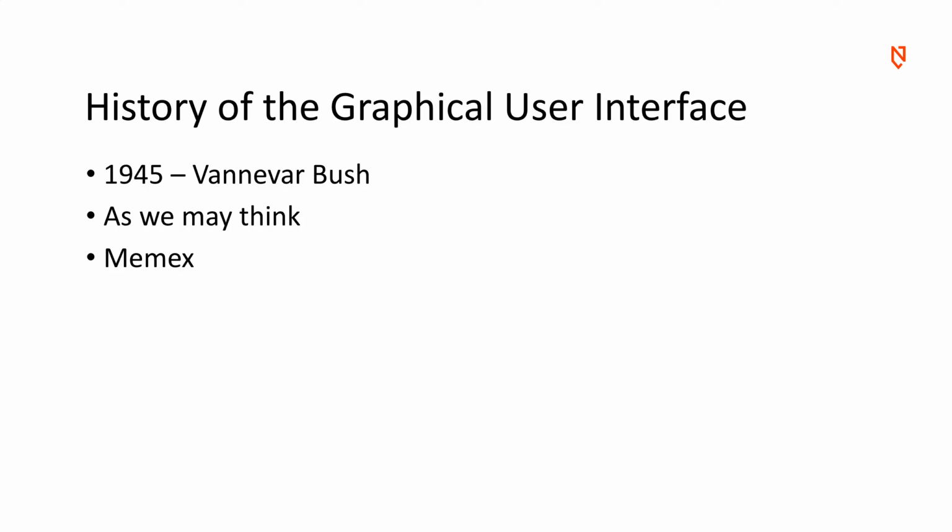In 1945, a noted scientist called Vannevar Bush wrote an article for the Atlantic Monthly called As We May Think. In this article, he proposed a device that he called the Memex. This Memex was envisioned as something that today we would recognize as a smart desk, a tablet, or even a desktop PC.